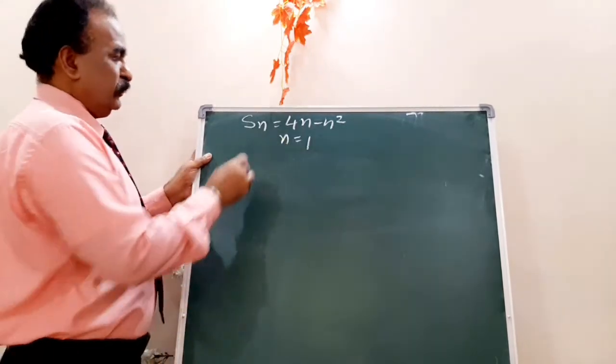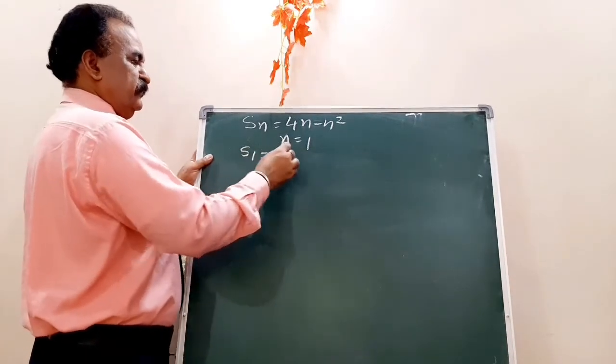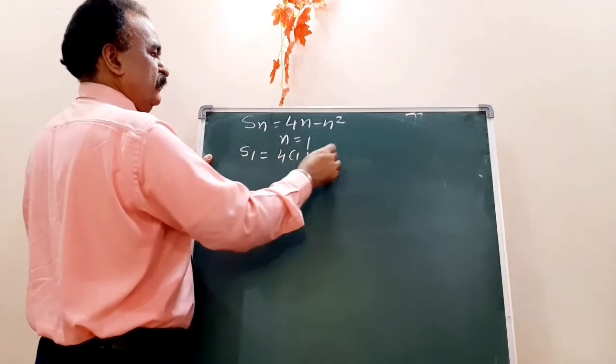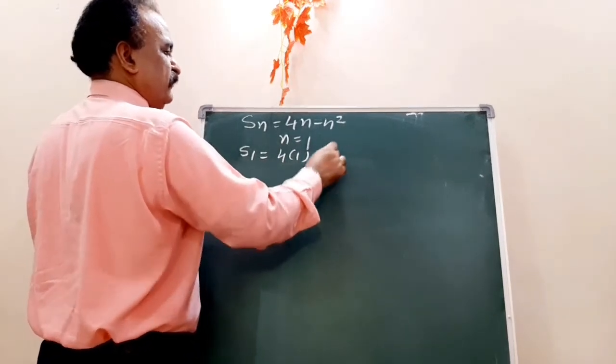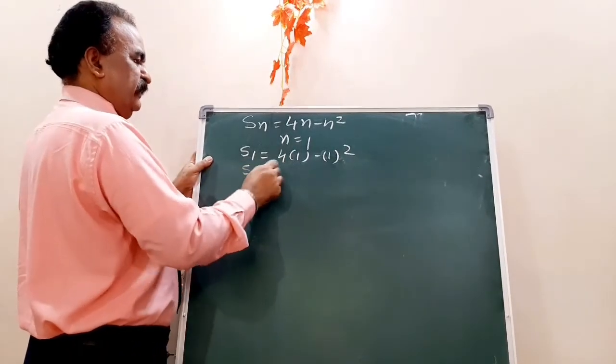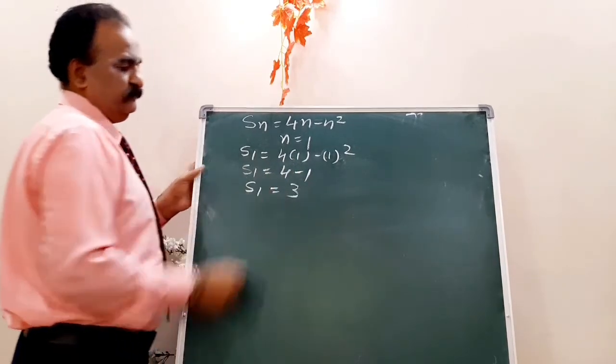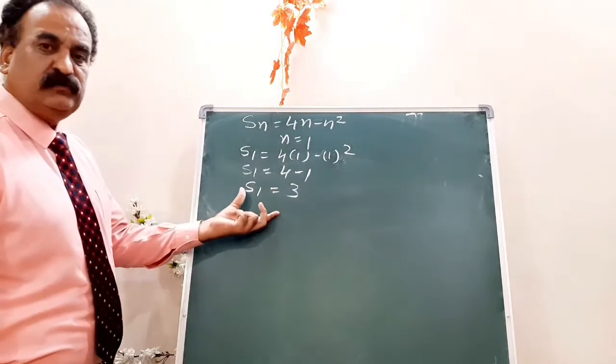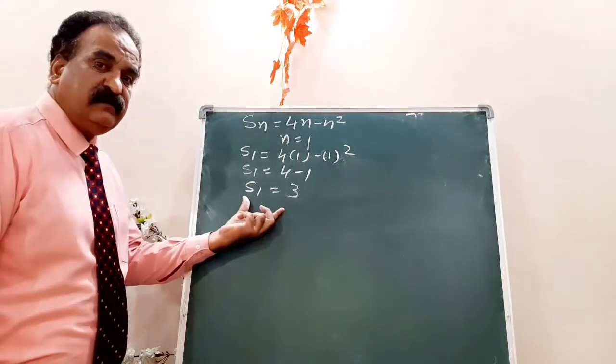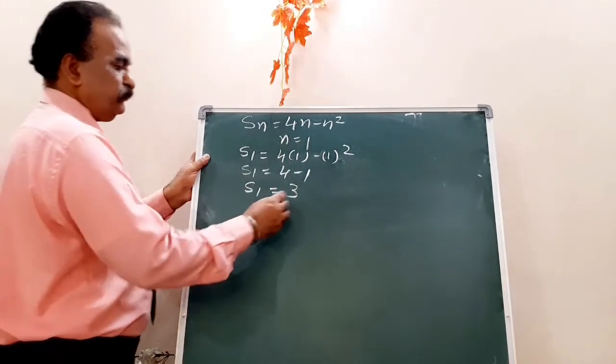So S1 is equal to 4 into 1 minus 1 square. So S1 is equal to 4 minus 1, so S1 is equal to 3.